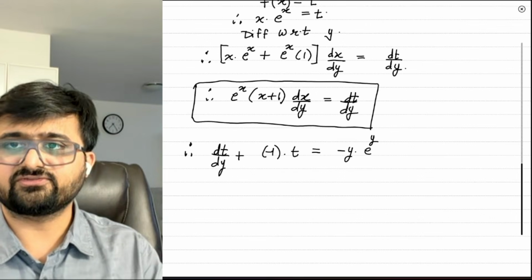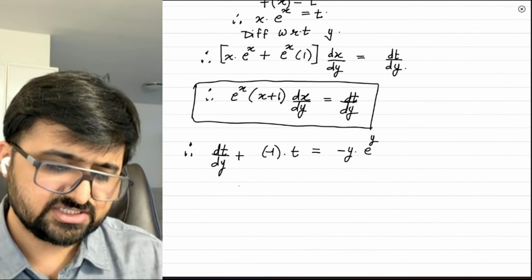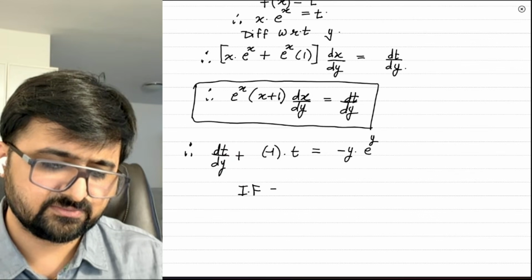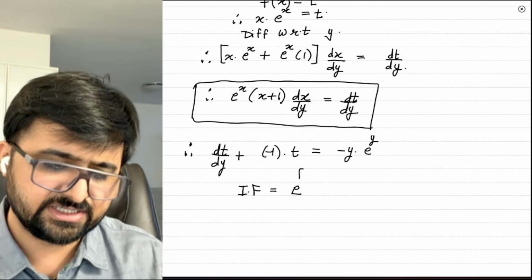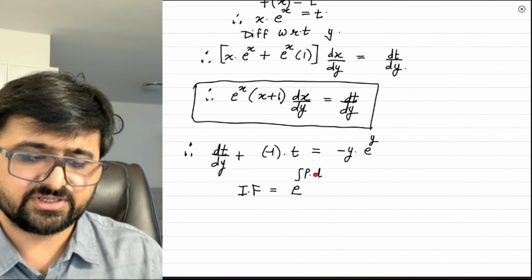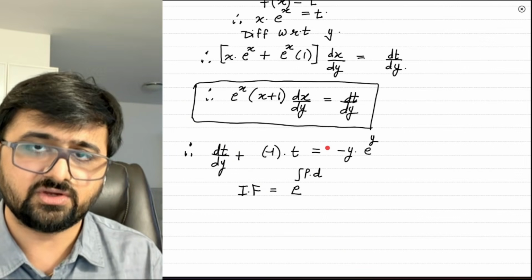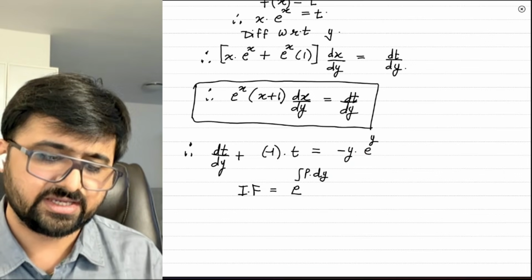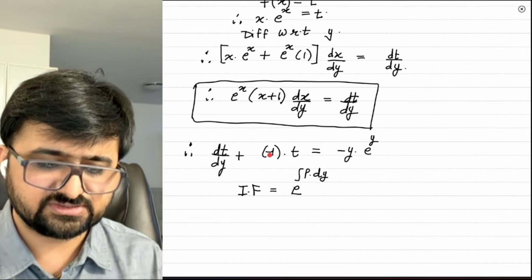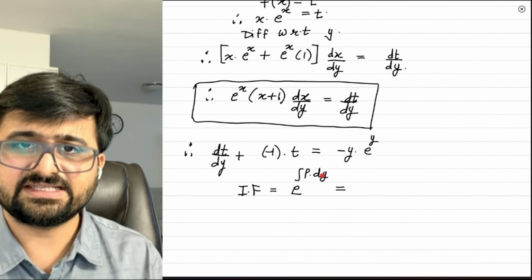All right, now this is of the linear form where y is independent and t is dependent. So we find the integrating factor by saying e to the power integration of P dy. Remember that P and Q are both functions of the independent variable, so both are functions of y. Don't get confused here because the value of P is minus 1, so you don't easily see that it's a function of y.